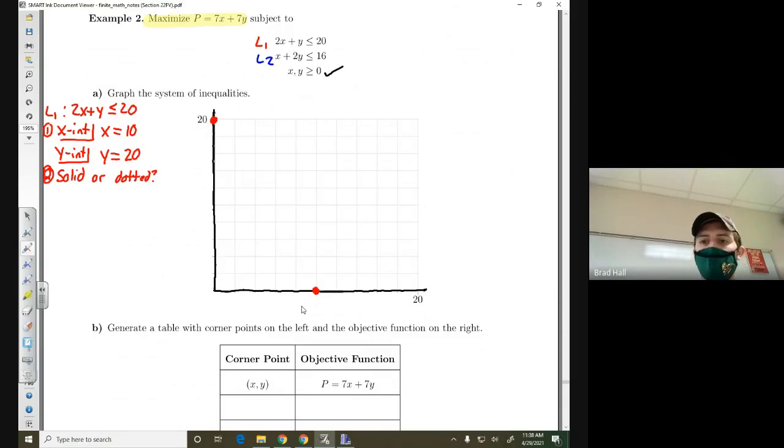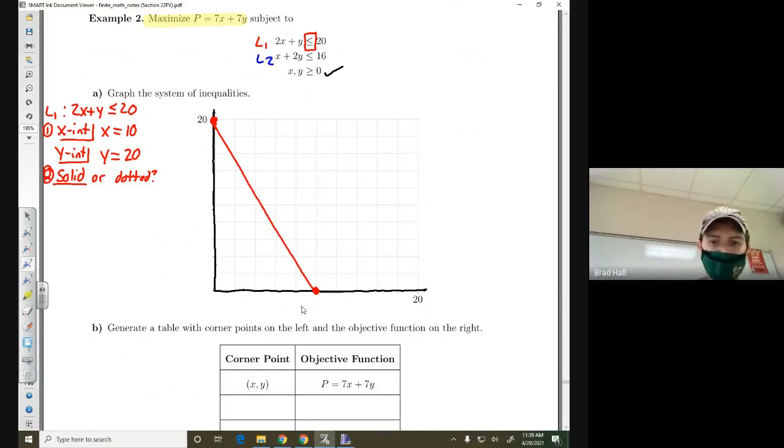Looks like we get a solid line because the corresponding inequality has an equal to part. And so we can just draw a solid line connecting these 2 points.